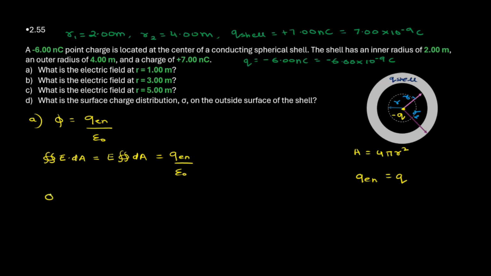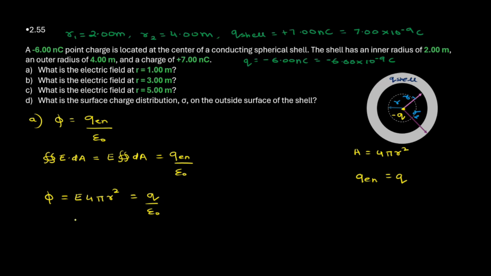We will write phi equals E times the integral of dA, which is 4 pi r squared, equals charge enclosed, which is just Q, over epsilon naught. You can either put the negative sign of Q here, or you can put the negative when you substitute this value. I'm going to put the minus sign when I'm substituting the value for Q.